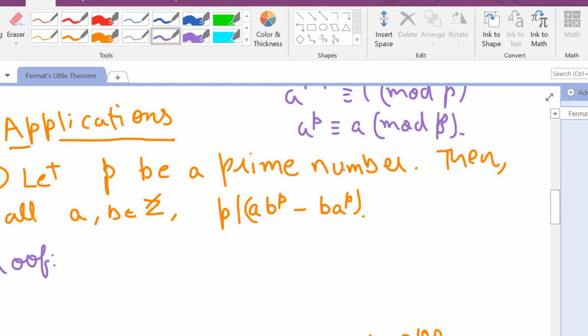Now, let P be a prime number. Then for all A, B in the integers, P divides AB to the P minus BA to the P. Now, why is this true? Is my question. Why would this happen?